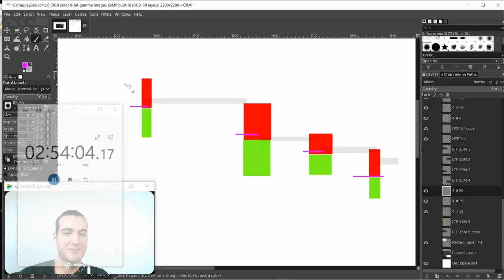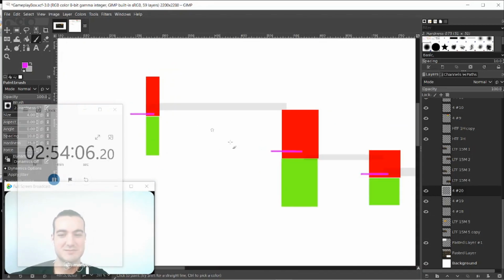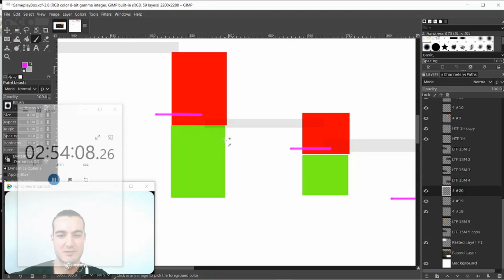And when you look at it without any of the candlesticks, it's very predictable.